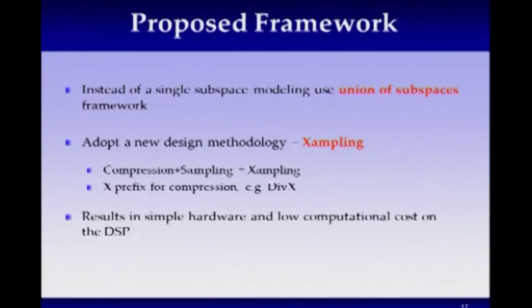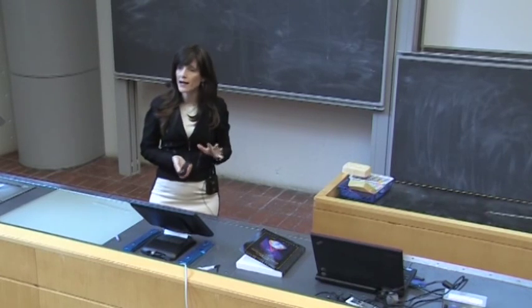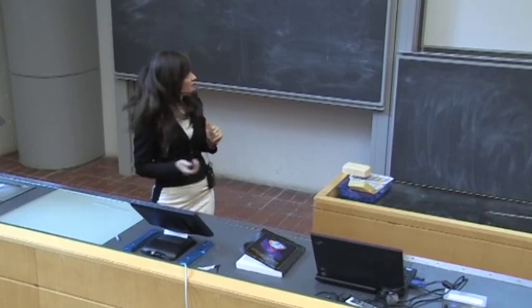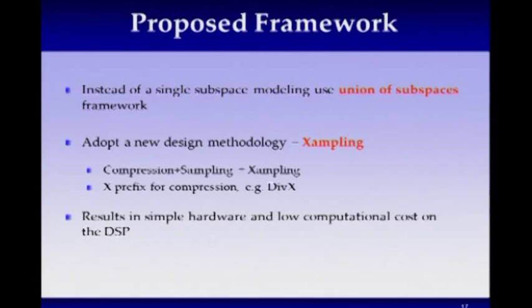Okay, so that was kind of the motivation, and now the question is, how do we do it? So the way we do that is by combining 2 ideas. One is a mathematical idea, and that's the characterization of this class of signals. And we'll see that the mathematical model is actually very, very simple. So instead of using subspaces, we're going to use what are called unions of subspaces, and I'll explain that on the next slide.